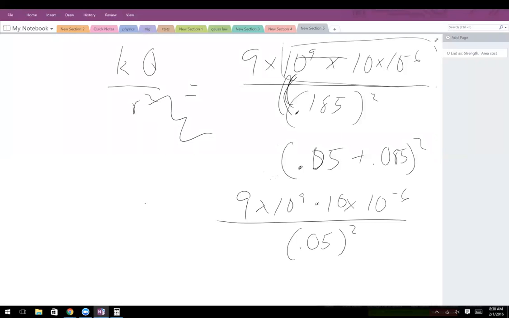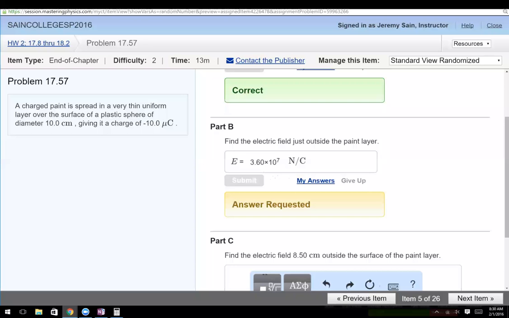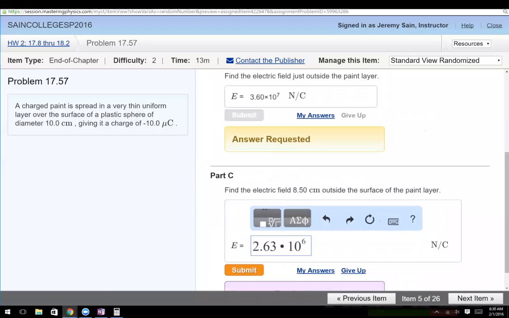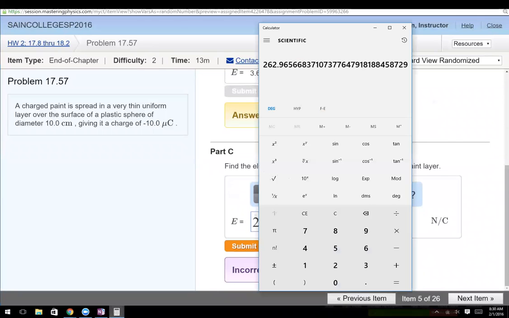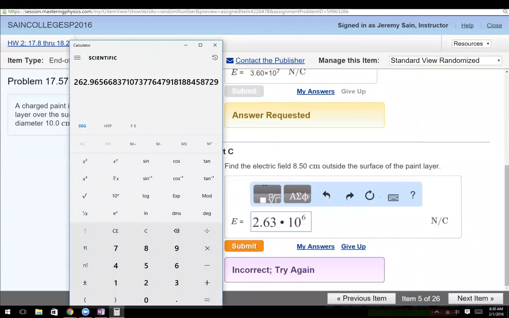That does solve the 3.18. The answer to that one was 3.6, and this one I didn't actually do. So I got that, but that's wrong. So times 0.185.